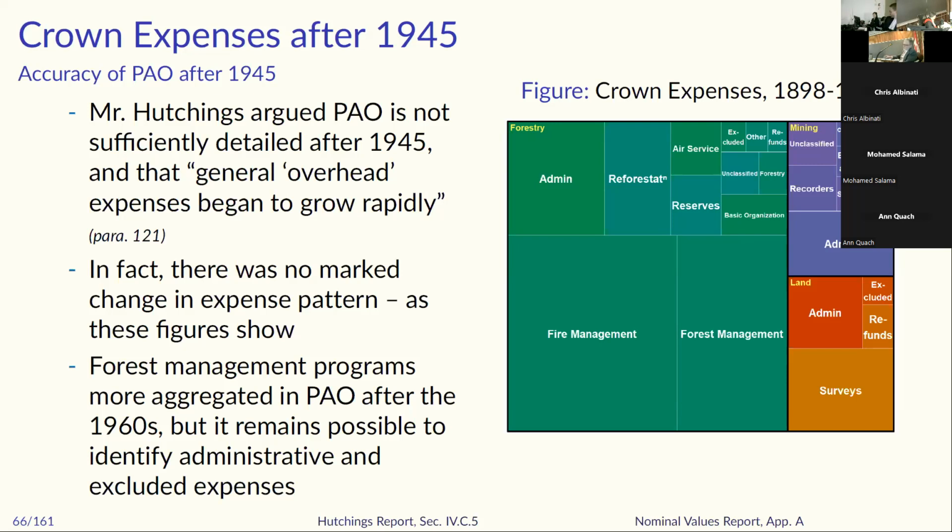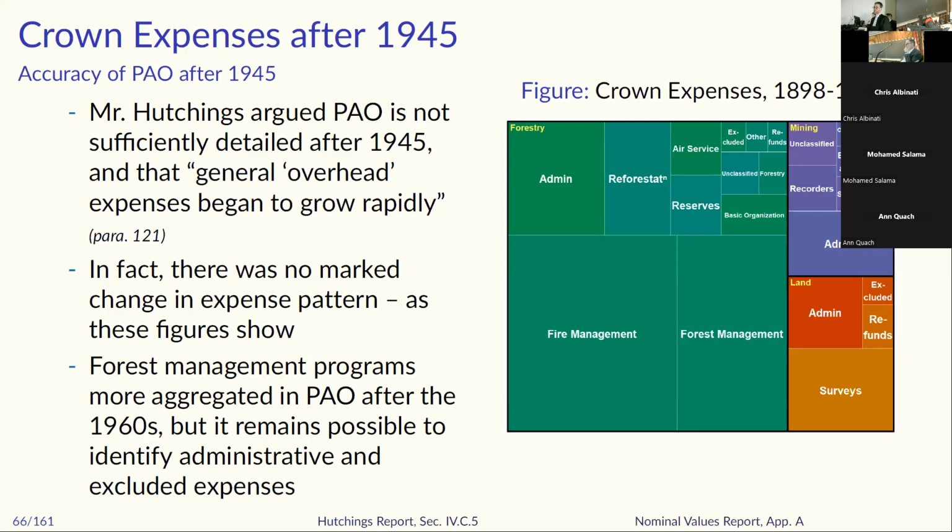So if you look at the figure on slide 66, it's easier to see on the screen, but there is actually a small box above forest management labeled basic organization. Yes. And that's because, as Professor Smart testified, the basic organization change actually began in 1943. So it is captured in this figure.